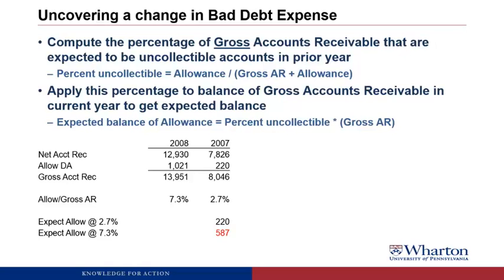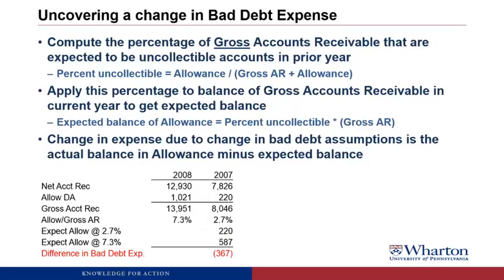So maybe what happened is TK should have increased their percent sooner but kept it lower just to try to avoid signaling the bad news. So what we could do here is calculate what the allowance would have been at 7.3%. So we take 7.3% times 8,046 and we come up with 587.